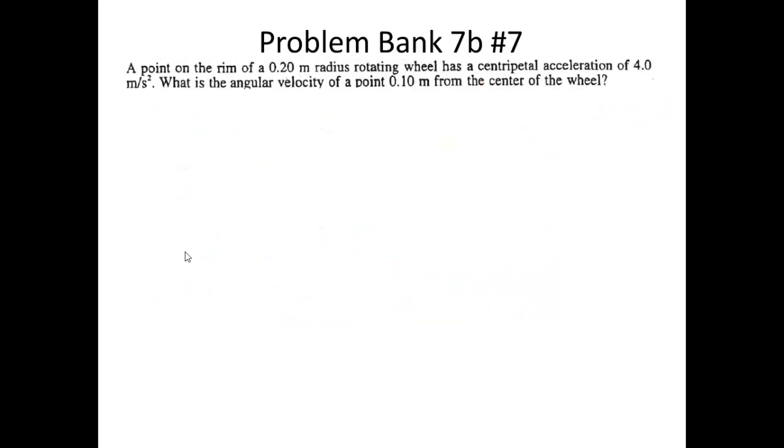And number 7, a point on the rim of a 0.20 meter radius rotating wheel has a centripetal acceleration of 4.0 meters per second squared. So we are given a radius. We're given a centripetal acceleration.